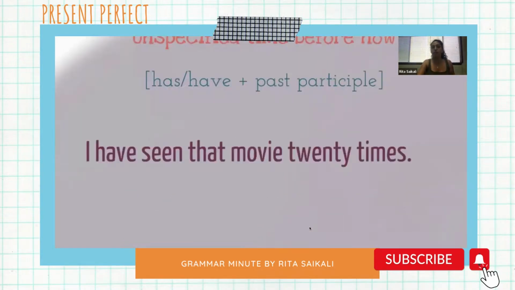So what do we have? The pronoun plus the verb to have in the present plus the past participle. I have seen that movie 20 times. Have seen. Have is the present form of to have. Seen is the past participle of to see.